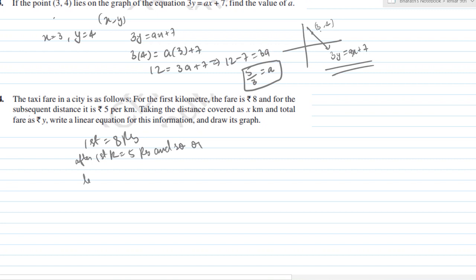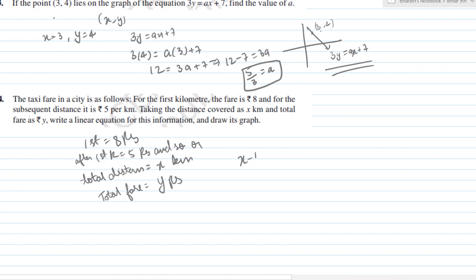The total distance is x kilometers and total fare is y rupees.